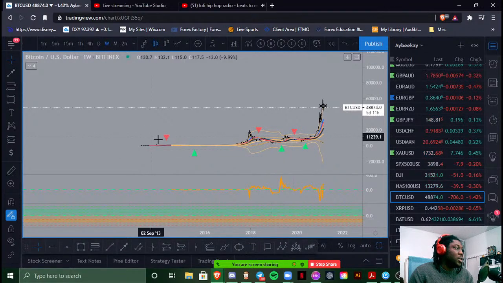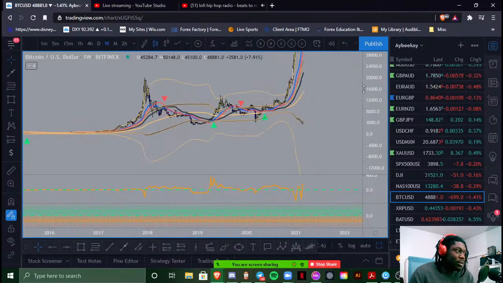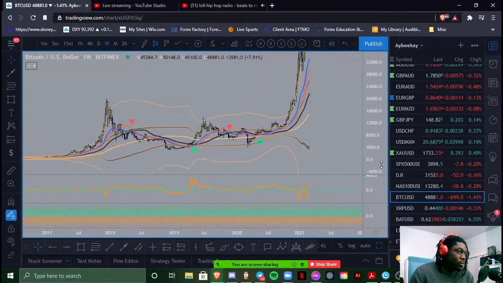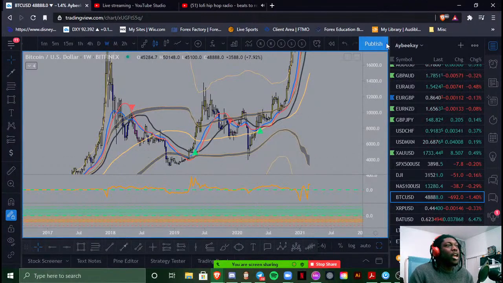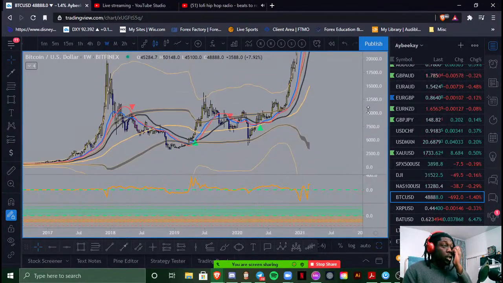Dang, each one of these has been money. That's funny. Sell right there, money. Buy right here, money. Sell right there, money. Each one of these has paid out. That's funny.